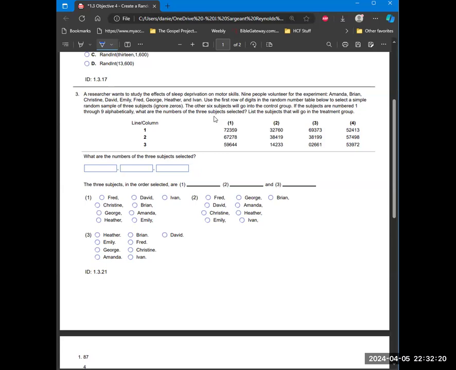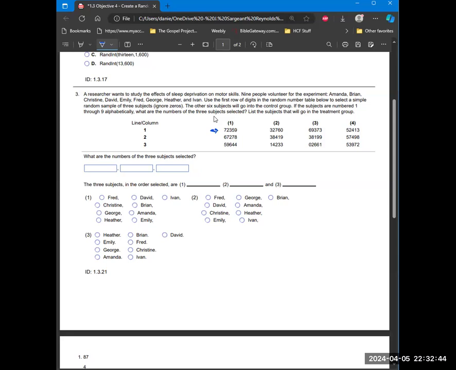Okay, so again, it says to use the first row of digits here in the table. So I assume we're using this row, line 1, column 1, like that.